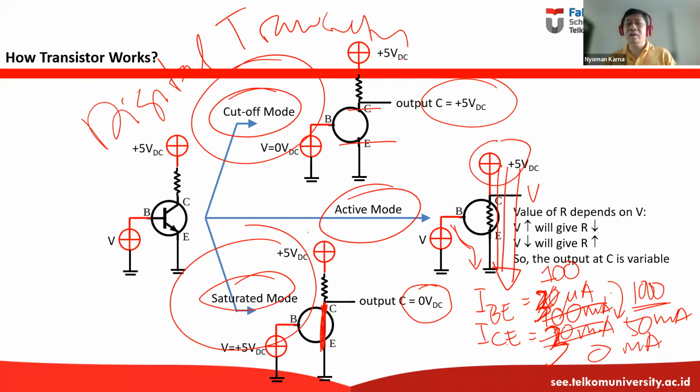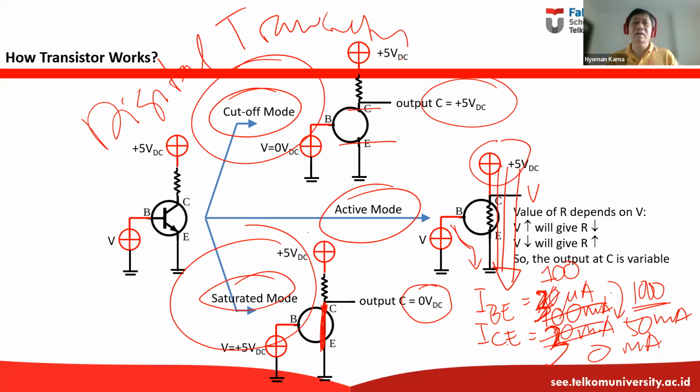Remember what we learned last week? The amplitude of the digital signal is supposed to have a discrete attribute. Discrete means they only have certain values, for example, only 0 volt and plus 5 volt.